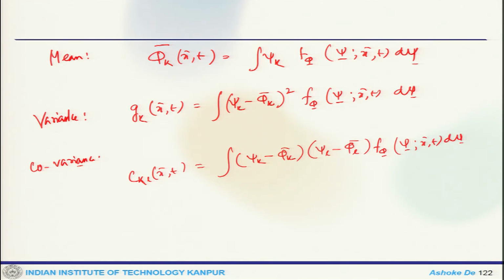This is how, from the distribution of the composition PDF, you can find the mean, variance and covariance.